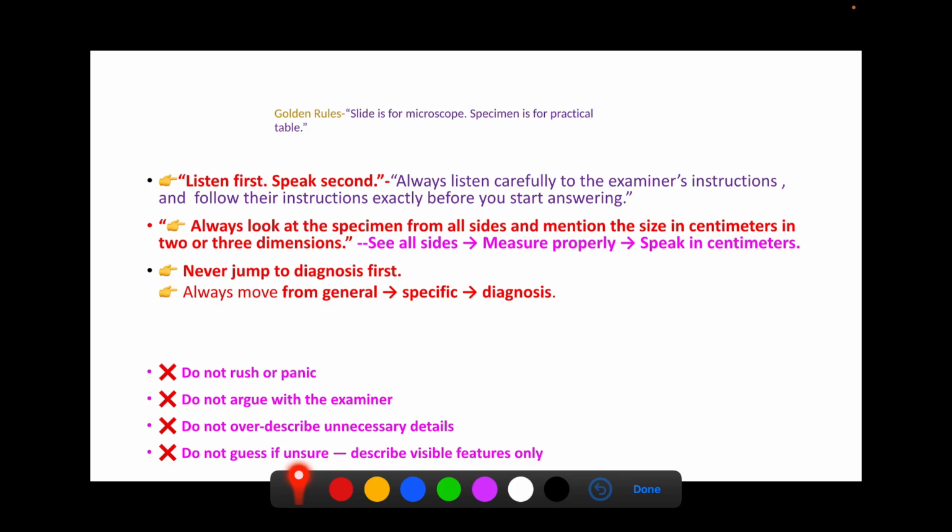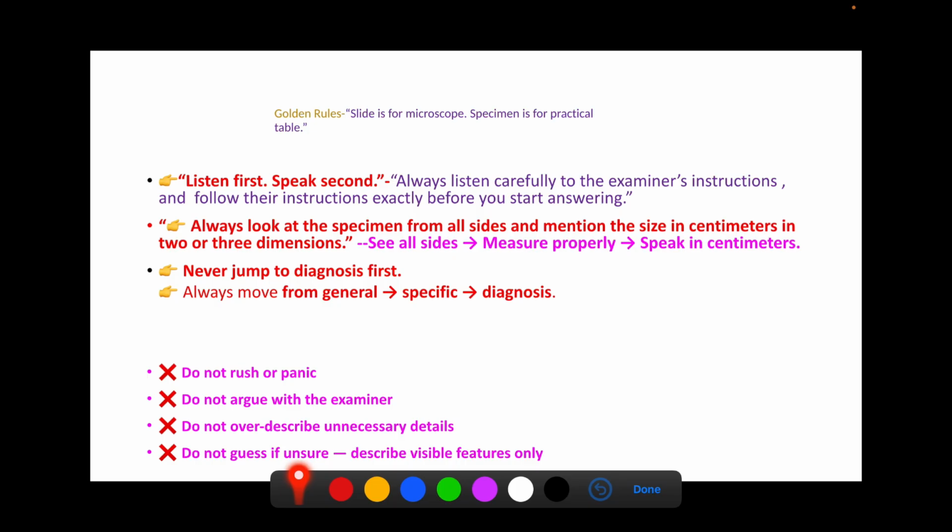Do not turn it in a way that the formalin comes out and spoils your exam. So see all sides, measure properly, and speak in centimeters. It means you have to describe the specimen size in centimeters.